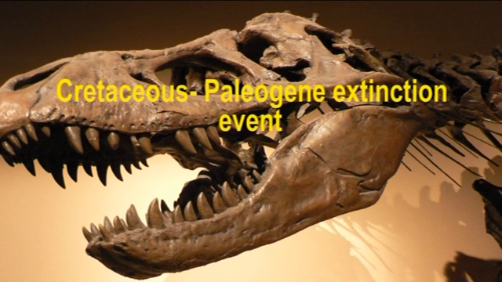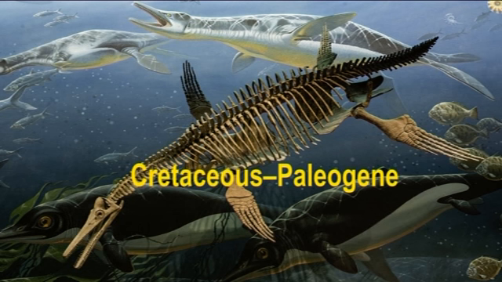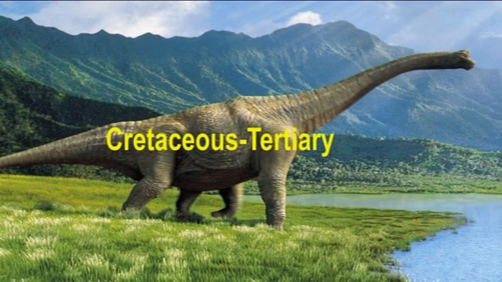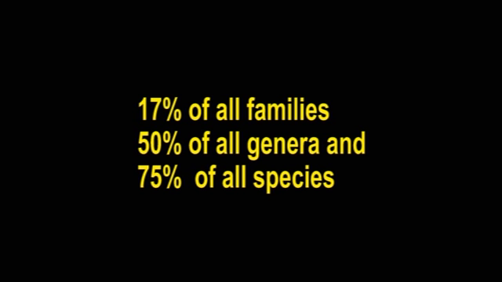Cretaceous-Paleogene extinction event. The KT event is now officially called the Cretaceous-Paleogene or KPg extinction event in place of Cretaceous-Tertiary. About 17% of all families, 50% of all genera and 75% of all species became extinct.